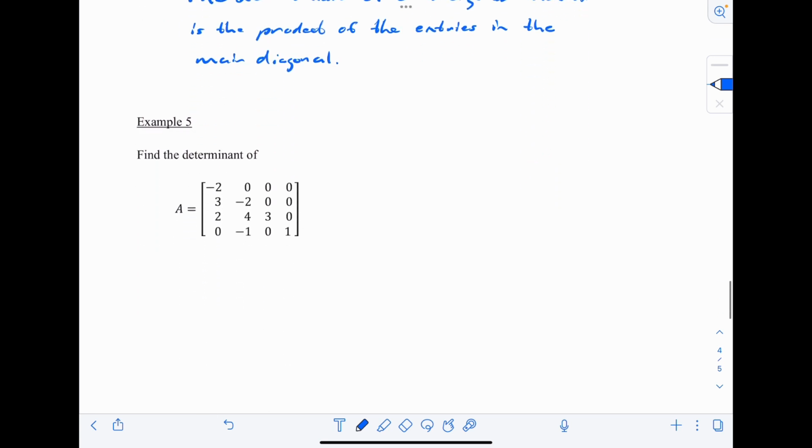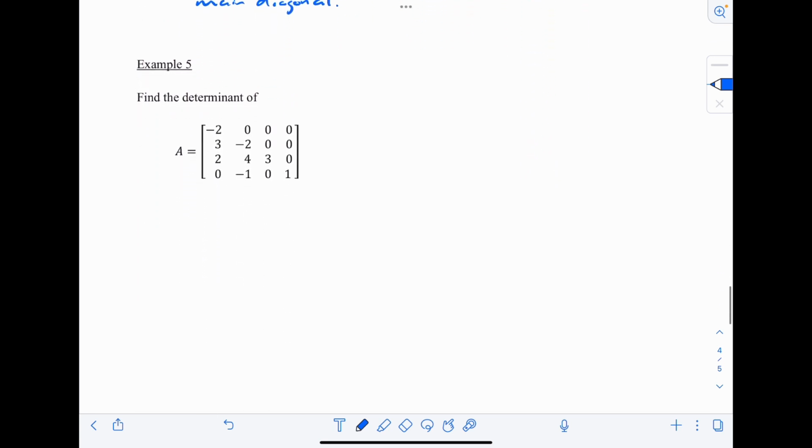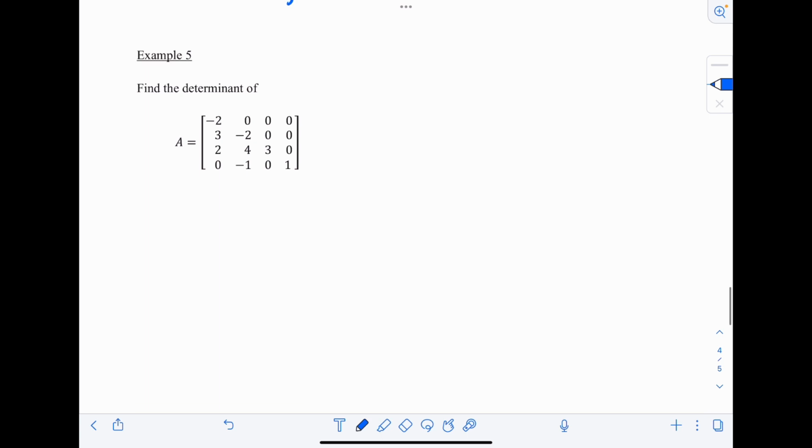So very simply, if I have a triangular matrix like this, with all of these zeros, I just focus on the main diagonal, and the determinant of A is -2 times -2 times 3 times 1, which is 12.